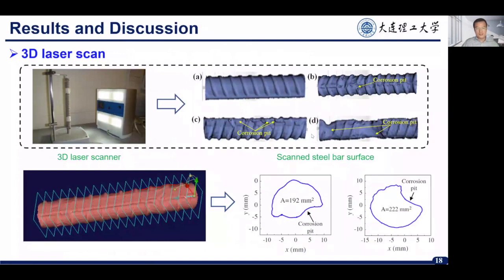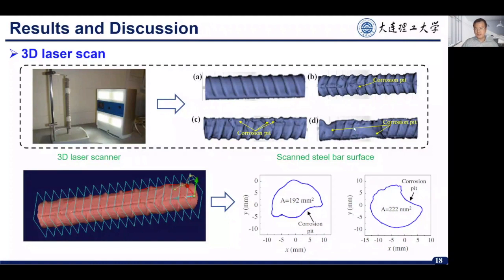And after the pull-out test, we took out the steel rebar and cleaned it with a sandblaster, and we scanned the surface with a 3D laser scanner. So this just shows some scanned surfaces for an uncorroded steel bar and 3 corroded steel rebars. You can see here obvious corrosion pits on the surface of the steel rebar, right?